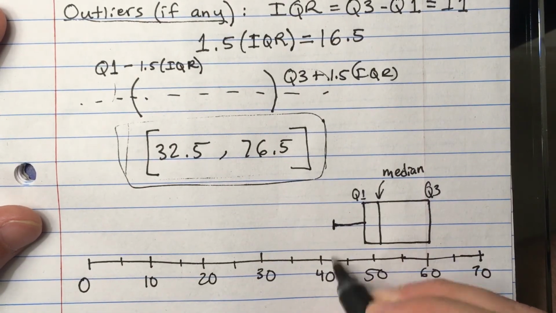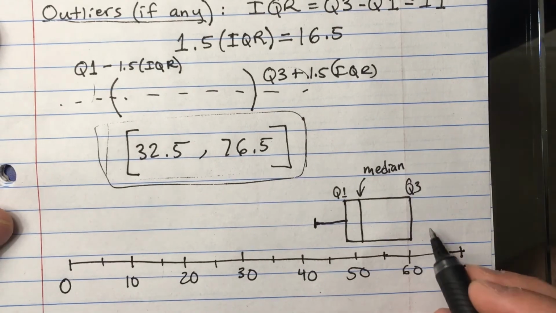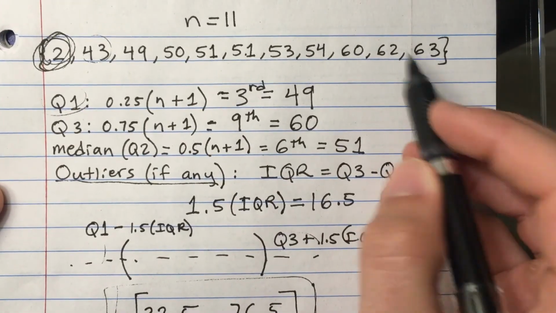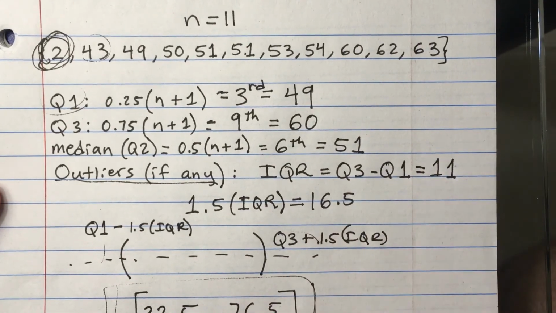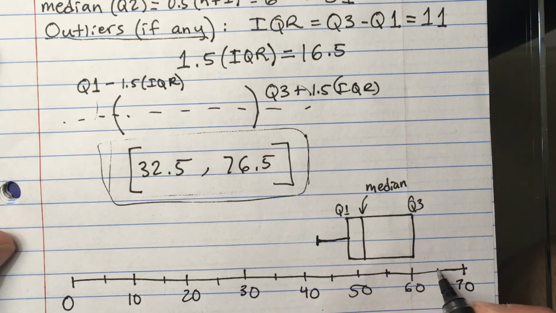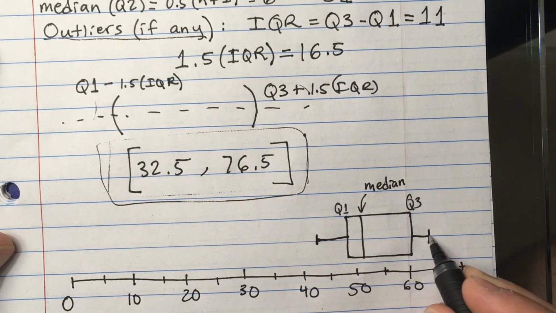To the right, the greatest non-outlier happens to be the greatest number in the data set, 63. Looking at our number line, 65 is right here, so we want 63 approximately right here.